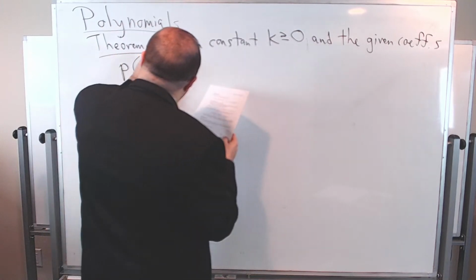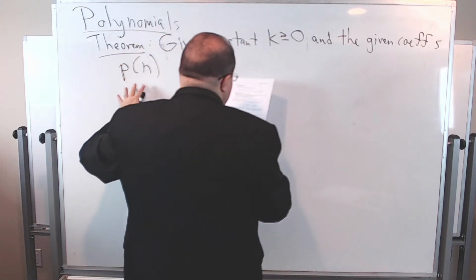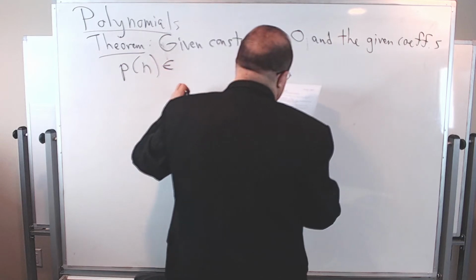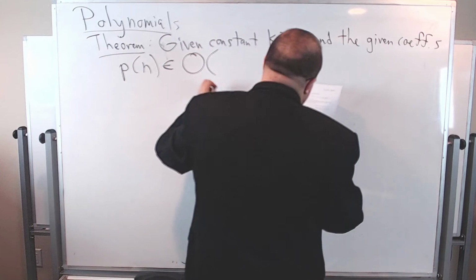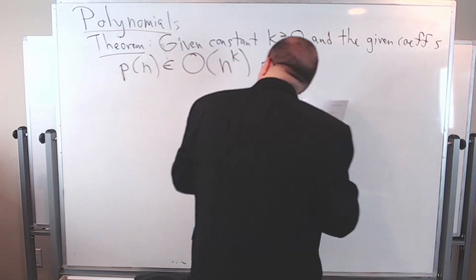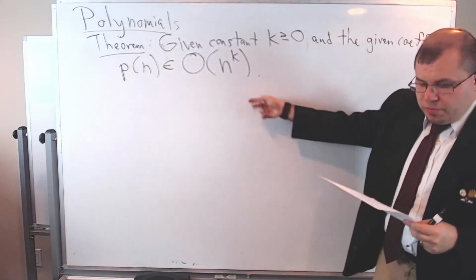P of n, remember P of n, that's the name of the function I'm giving. You can just say P if you wanted to, but I'm going to use it in this somewhat abusive notation as a shorthand. P is big O of n to the k. So we're going to prove this.